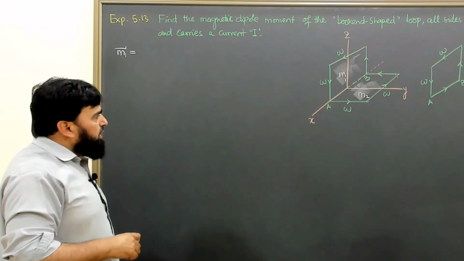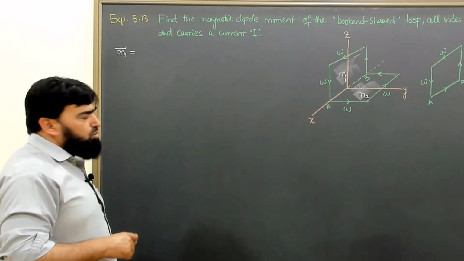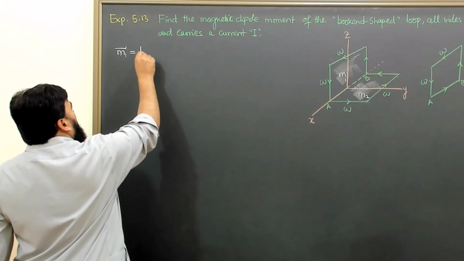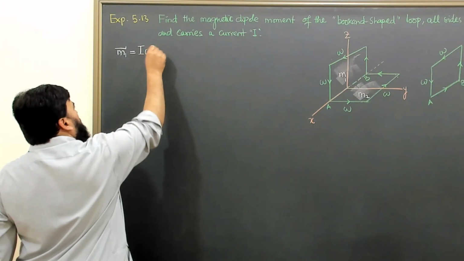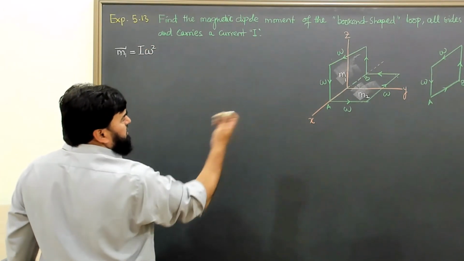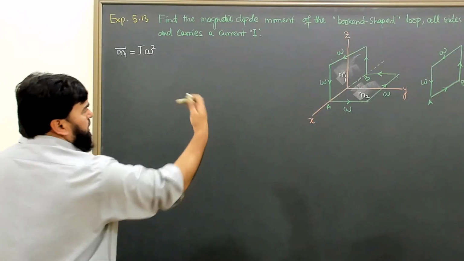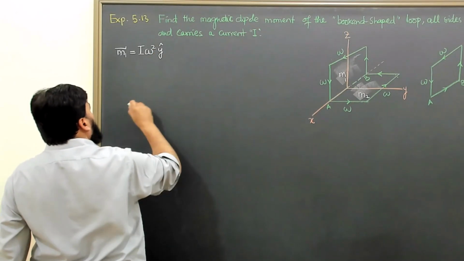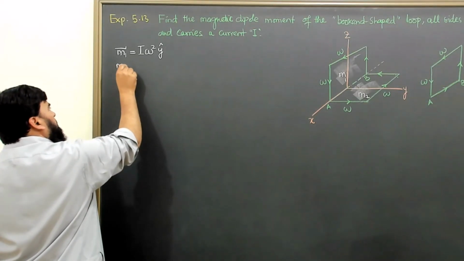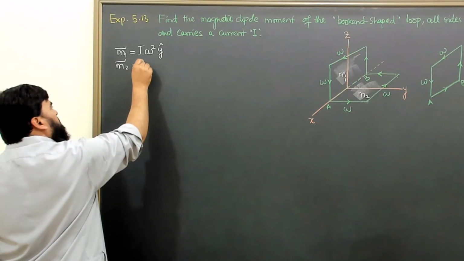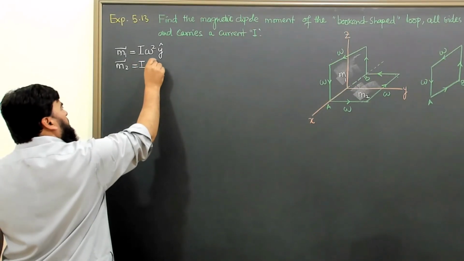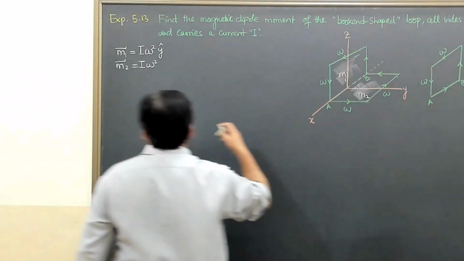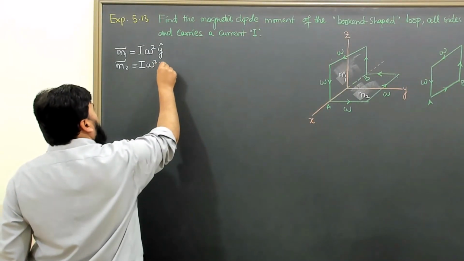So the area is omega square, times the current, so this is I times omega square. And what is the direction of M1? It is in the y direction. Similarly, M2 is I times omega square again, and now the direction is in the z direction.